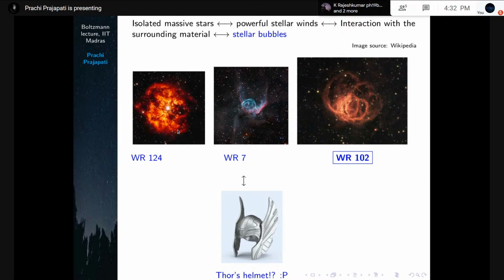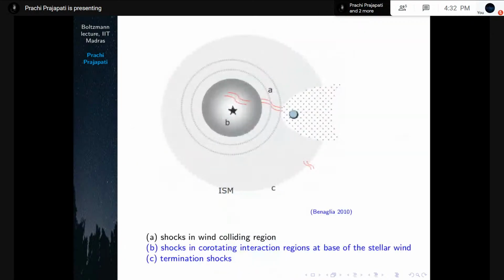There are some crazy shapes as well, as you can see here. This WR7 has a bubble which relates to the shape of Thor's helmet, and in fact it is known as Thor's helmet. If you want, you can Google it. It's very interesting to see these bubbles around massive stars.